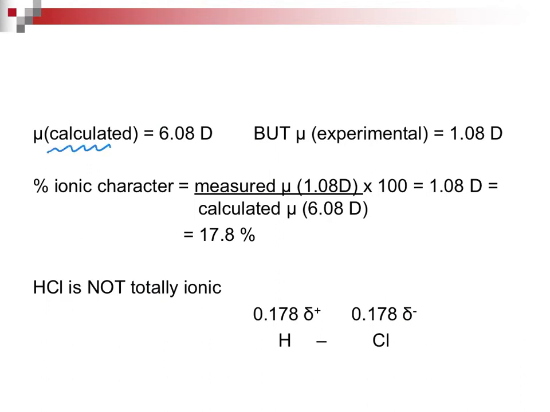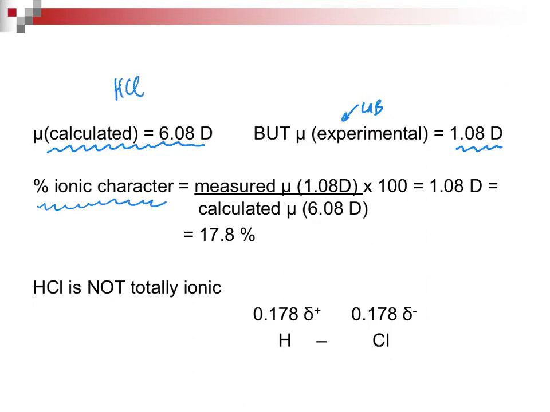I come up with a calculated dipole moment of 6.08 debye. But if I go into the lab and I measure a dipole moment, I come up with a much smaller number, 1.08 debye. So what people have to do is they have to talk about what's called the percent ionic character. I wrote down HCl.